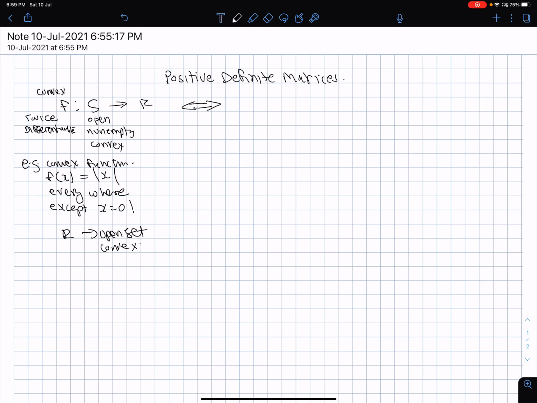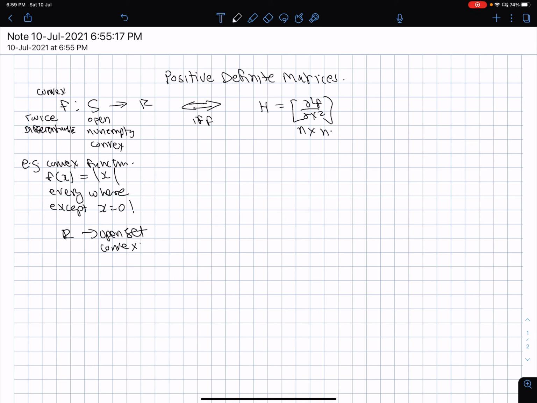So our theorem says that if the function is twice differentiable and convex over an open non-empty convex set S, then this is equivalent, a if and only if condition, to the Hessian matrix being at least positive semi-definite. What is the Hessian matrix? It is the matrix of second partial derivatives; S being a subset of Rn, the Hessian is an n cross n matrix.